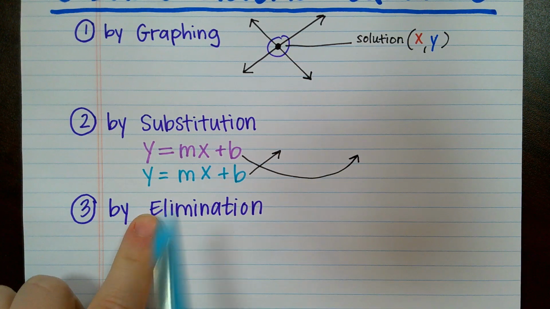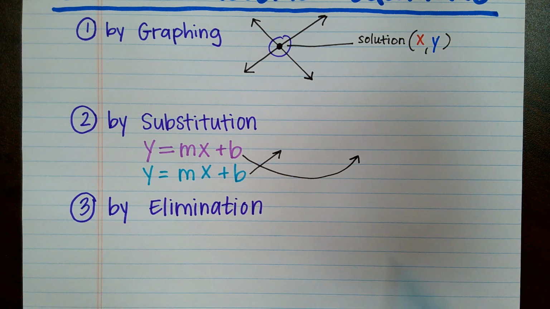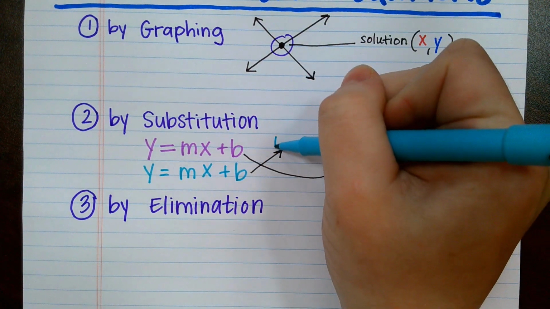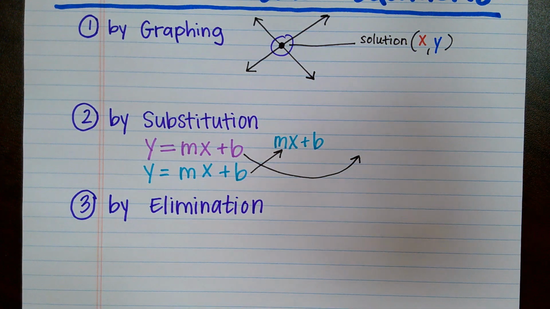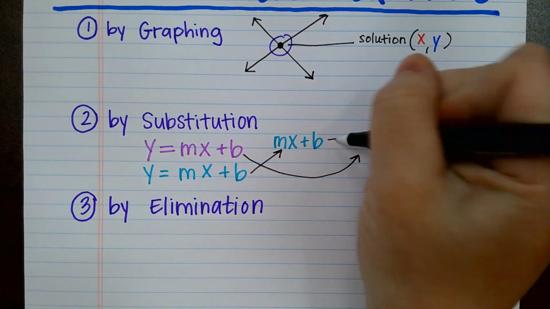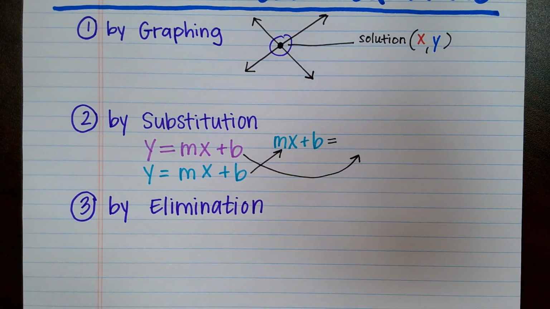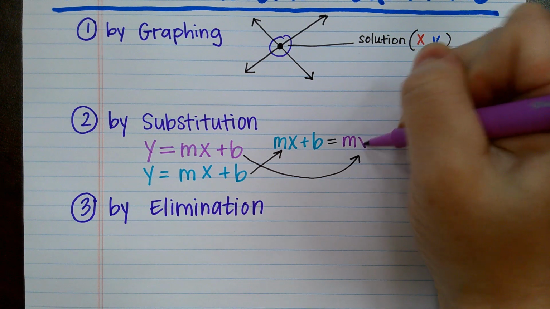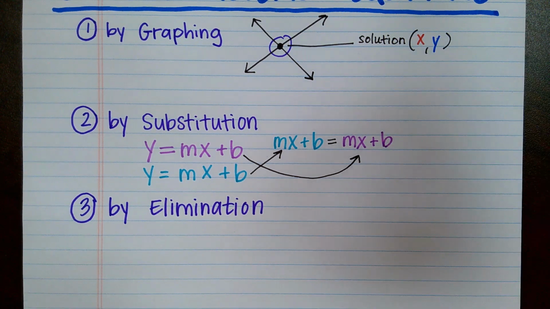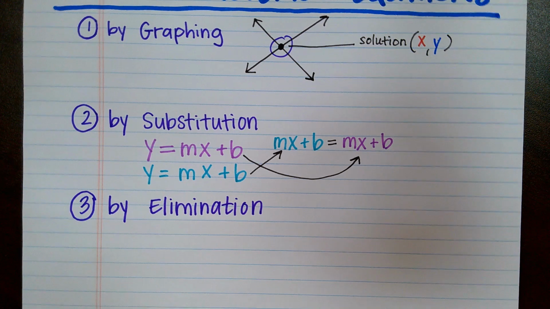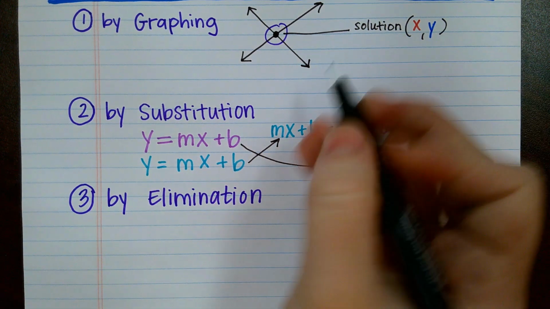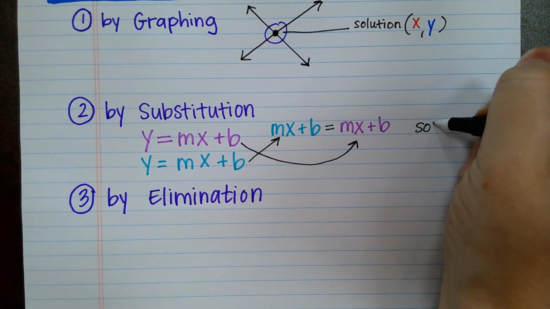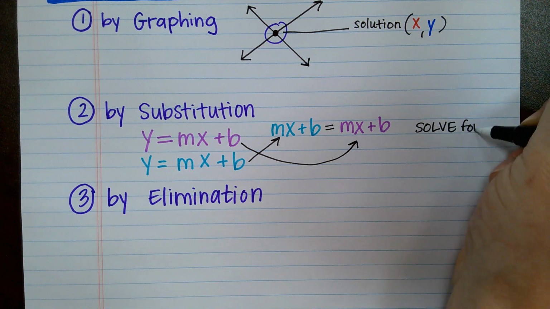Since both of these are equal to y, and again, it's okay if this confuses you at first, we'll just do mx plus b equals mx plus b, and solve for x.